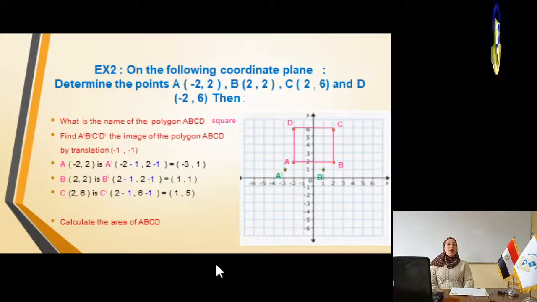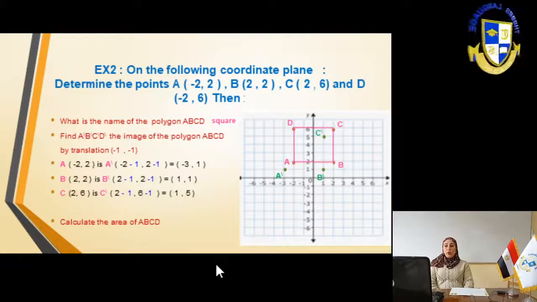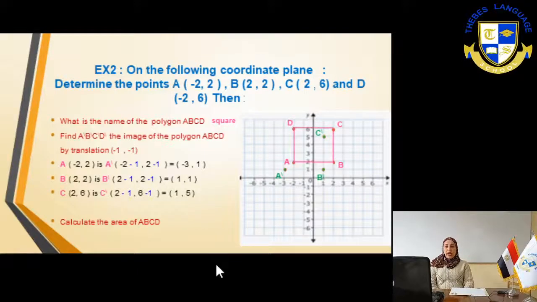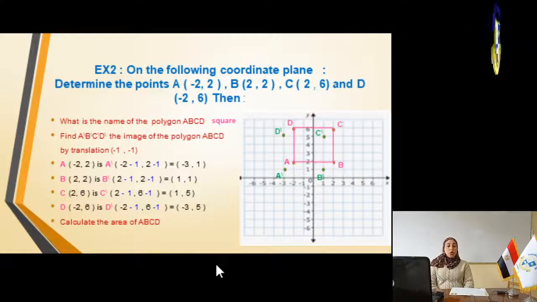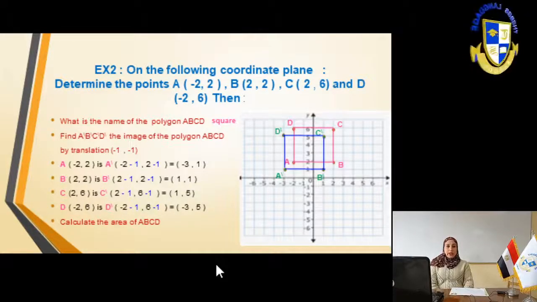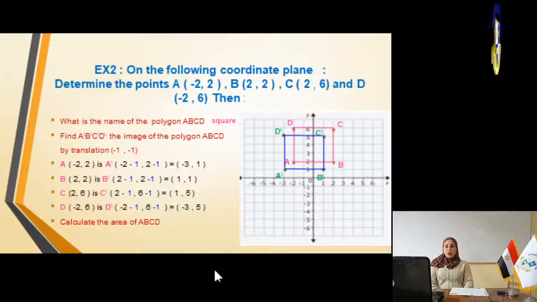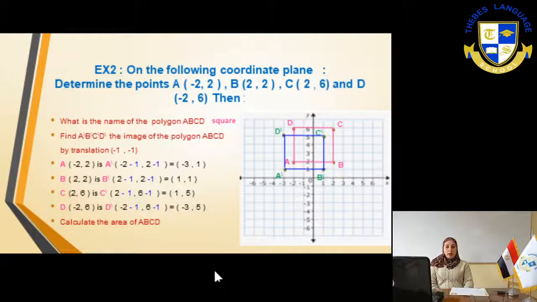It will be 1 and 5. Plot the dot. It will be C dash, and the last dot will be D dash. Now, join all the points together. Yes, I have a new square, which is the image of the original polygon.